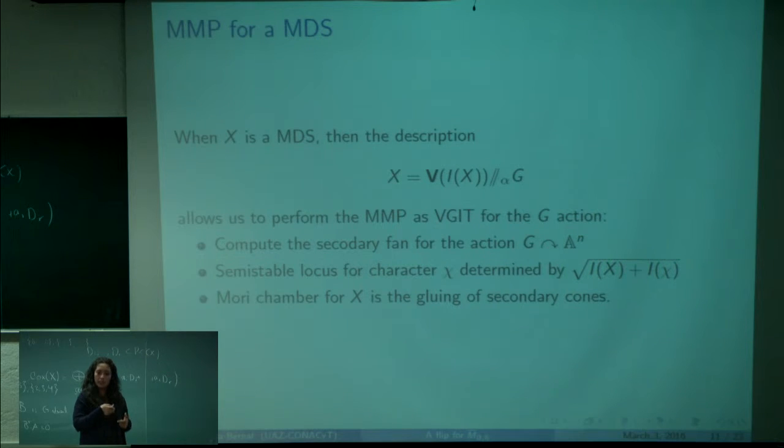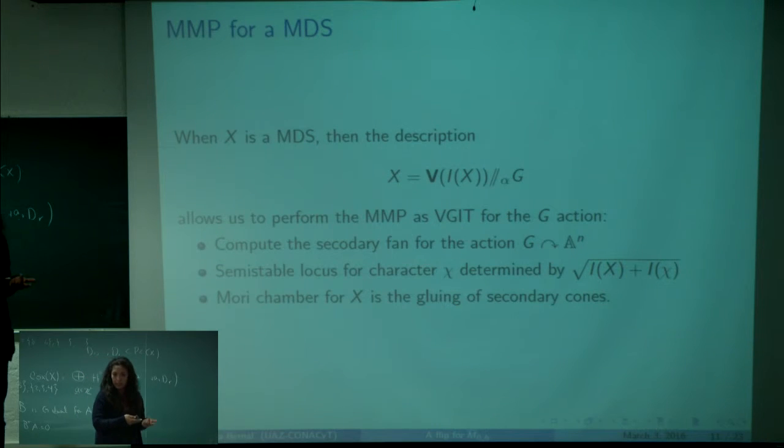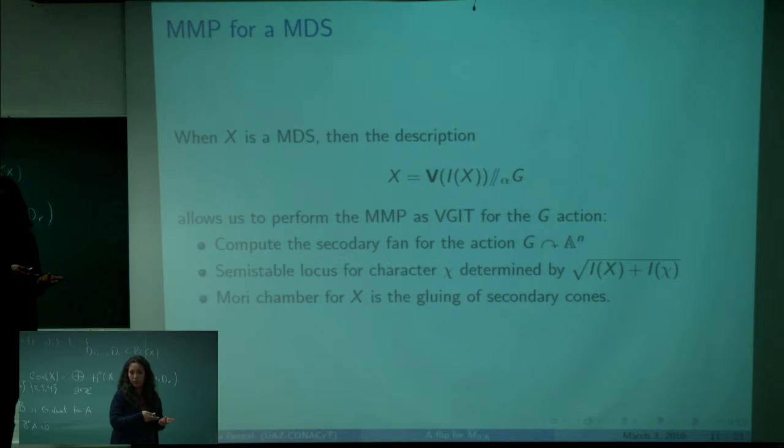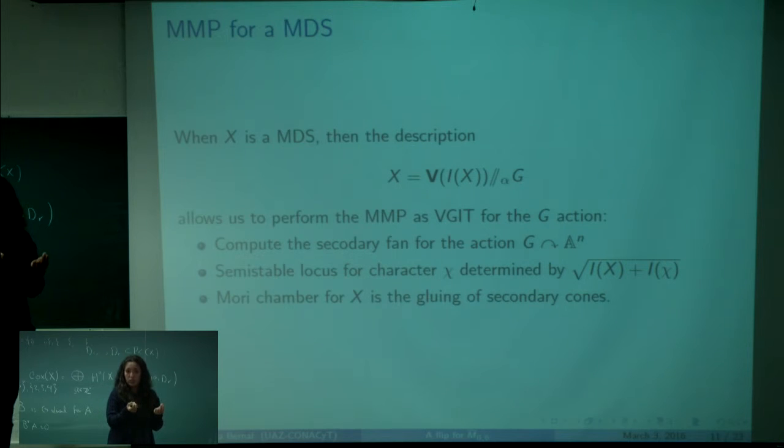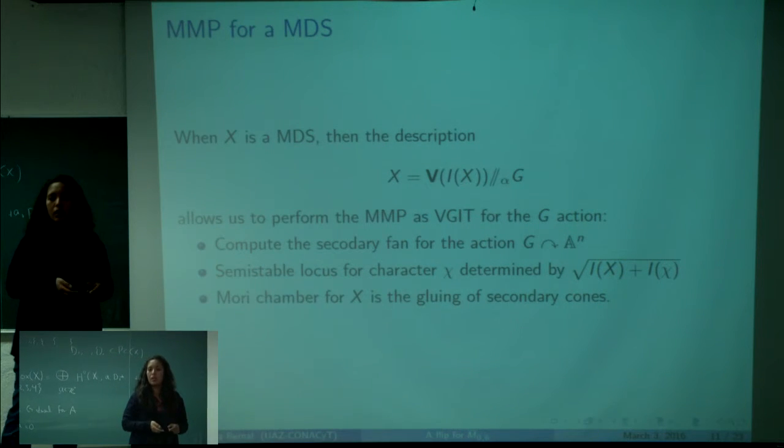So they will define the same unstable locus for V. And if they have the same stable and unstable locus, then when you take the quotient, they will give you exactly the same quotient. So as a model for X, they will represent the same model. So if they belong to two different cones, I glue them because they represent the same Mori chamber.